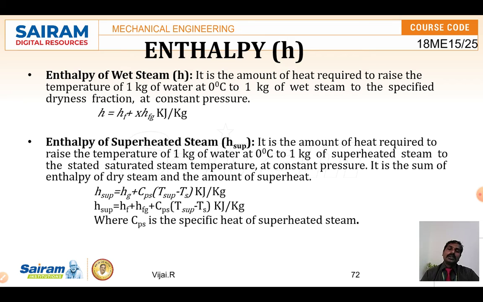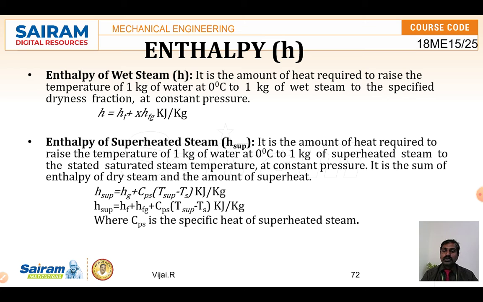Suppose it is superheated, the same thing. If water is at 0 degree and I am giving heat, the water is converted into wet steam, then it goes to dry steam, then it goes to superheated steam. So the conversion takes place in 2 or 3 stages.